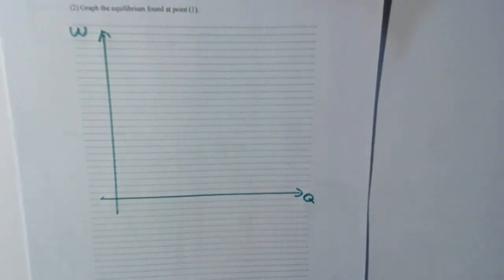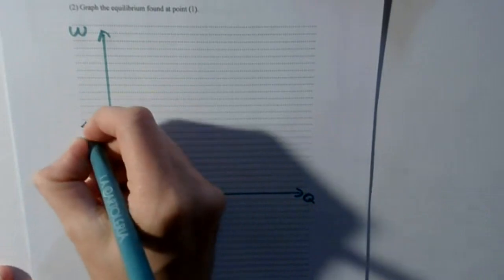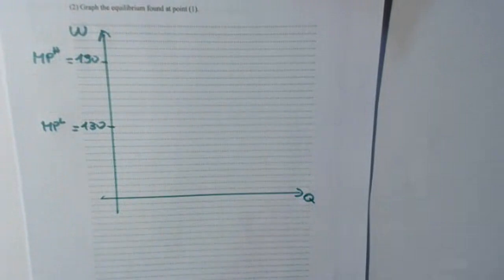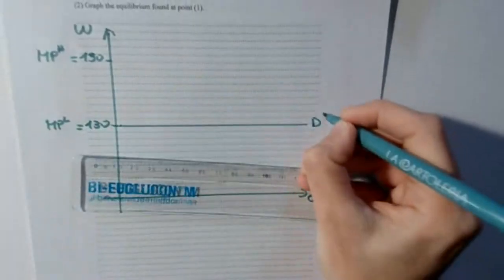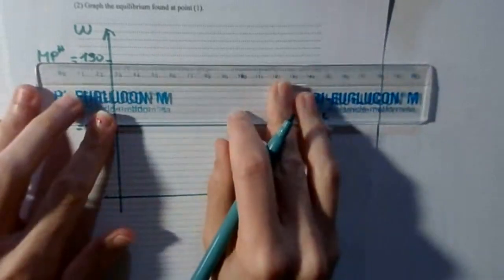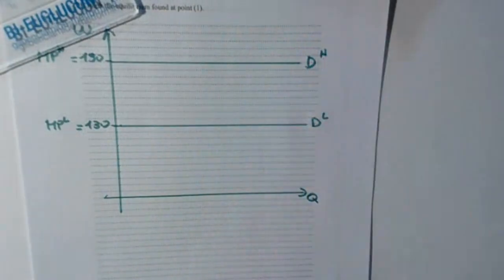Then let's start with the demand, both the demand for L and the demand for H. We have here, suppose this is 130, so basically MPL, and suppose here you have 190, MPH. Okay, so we just draw a line here, and this is DL. Okay, DL, and this up here is DH.